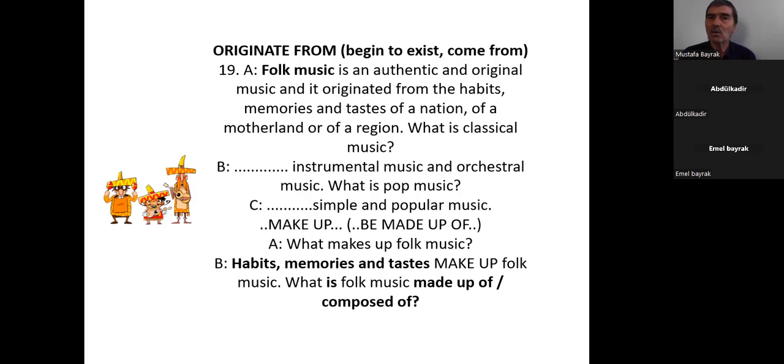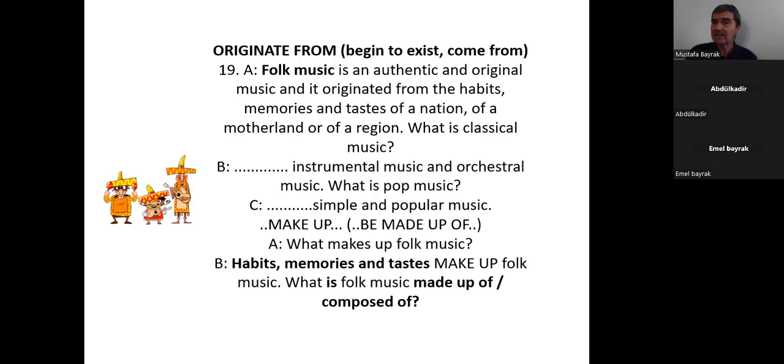Dialogue 19. Folk music is an authentic and original music, and it originated from the habits, memories, and tastes of a nation, of a motherland, of a region. What is classical music?